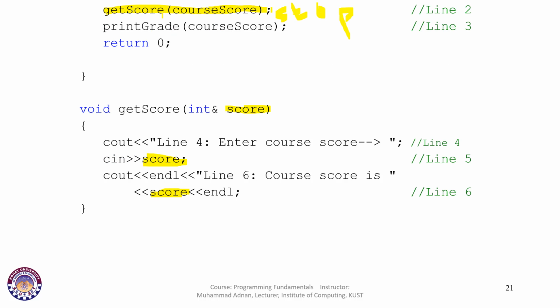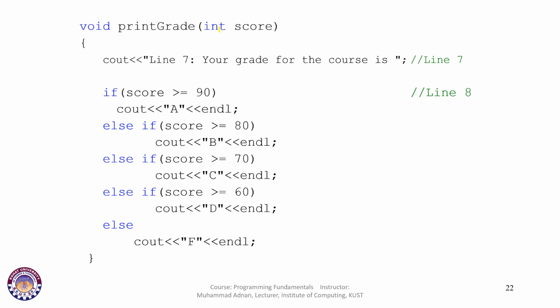After getting the course score, we call the print grade function. But this time print grade passes the course score, and we are using a simple variable score. So score gets a copy of the course score, and then, whatever the score is, we first display a message using a cout statement.